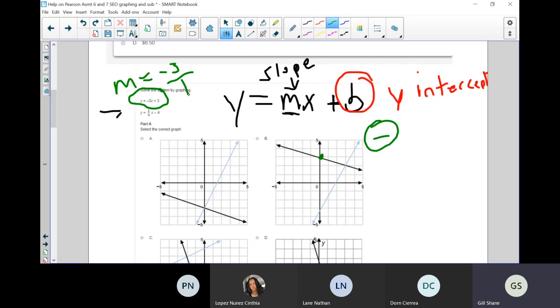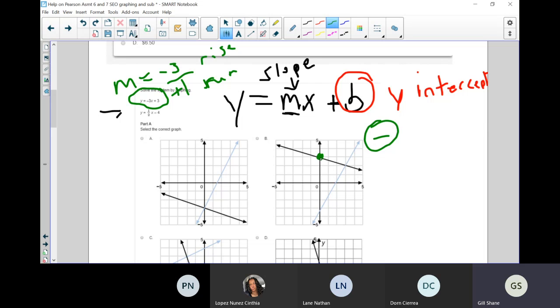Well, let me see. If I have a rise of -3/1, that means this is my run, and this is my rise. So a run of +1, so this is positive, would mean I go over 1 to the right from this green dot right here.